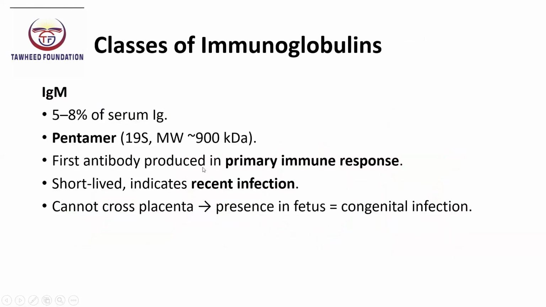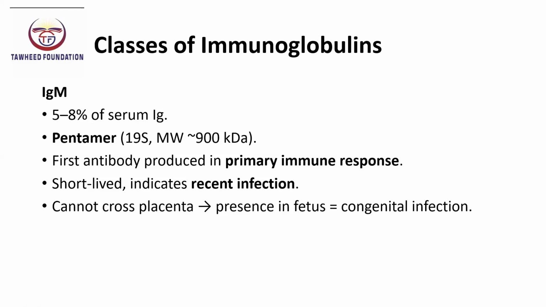Next is IgM. IgM is the first antibody produced during the primary immune response. It makes up around 5 to 8% of serum immunoglobulins and has a relatively short half-life of 5 days. Structurally, IgM is a pentamer consisting of 5 immunoglobulin units linked by disulfide bonds and a J chain.